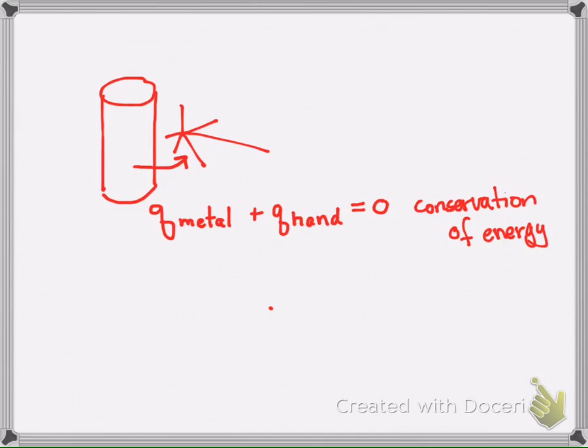Because this law of conservation of energy says that's true, I could say Q of the metal, M, equals minus Q of the hand, right? And if I could measure this, then I automatically know what that is, because it's just the opposite. The metal loses just as much energy as the hand gains. That's if those were the only 2 things in the universe, okay?